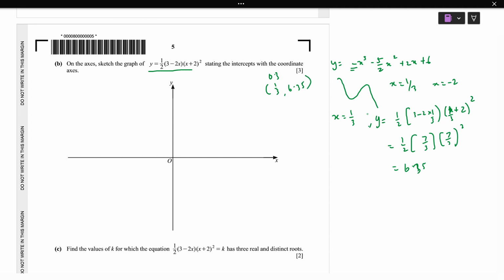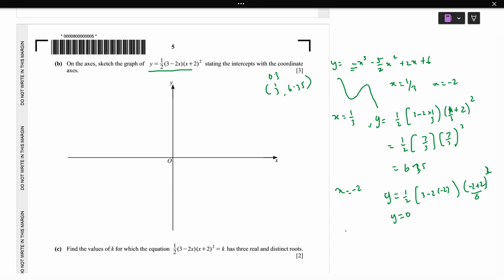Okay, next I'll go for x equal to negative 2. I'll put negative 2, so the given equation is going to be y equal to 1 by 2 into 3 minus 2 into negative 2, here negative 2 plus 2 whole cube as whole square. So the entire thing is going to be 0, so y equal to 0.